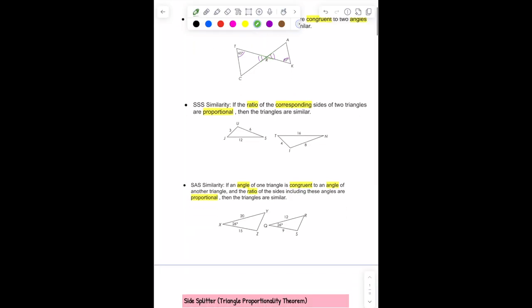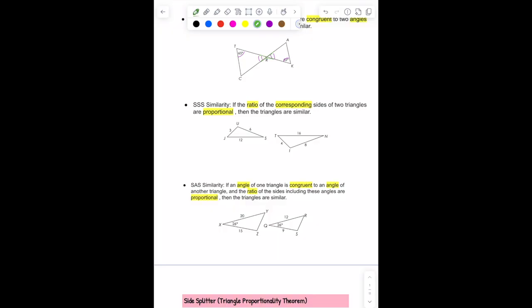We also have SSS. SSS is when the ratio of the corresponding sides of two triangles are proportional. It makes the triangles similar, so it's all three pairs of corresponding sides being proportional to each other. So you do actually have to check that the corresponding sides are in fact proportional.